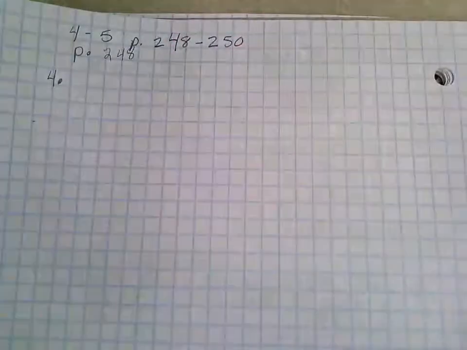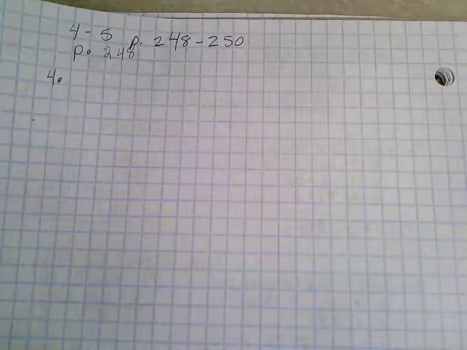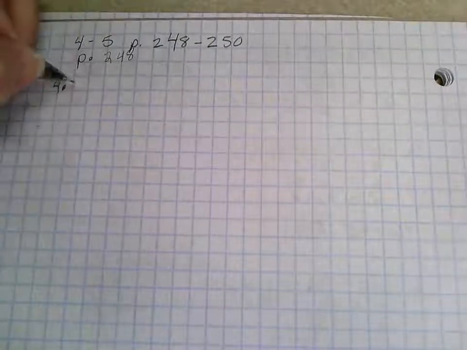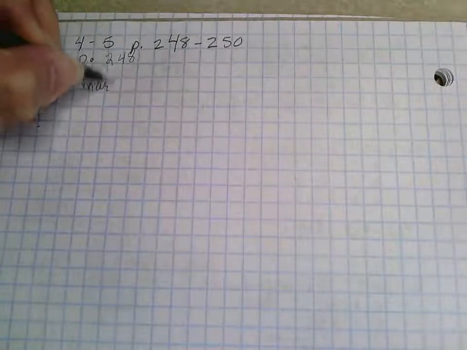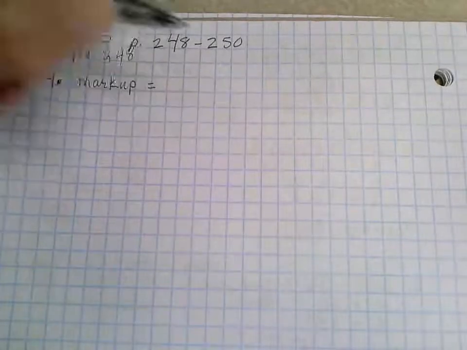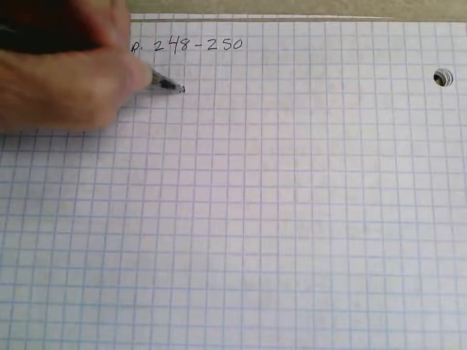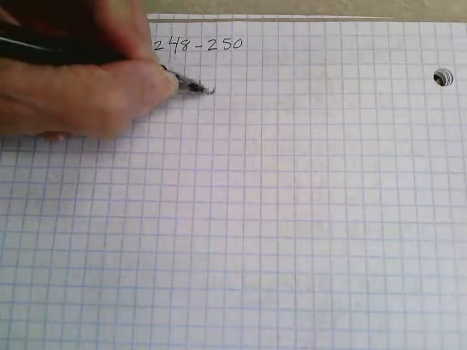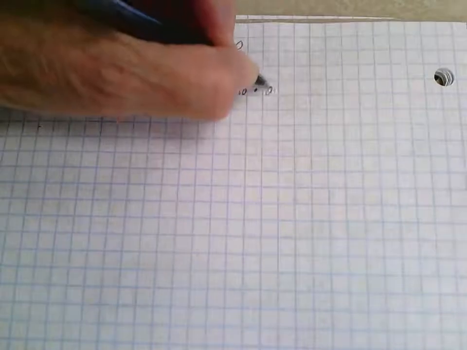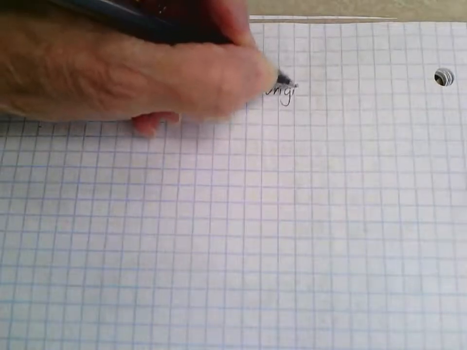Well, the sales tax rate is actually a markup. So we're going to look at markup because they're adding something on to the original cost. Markup is the markup percent times the original cost.